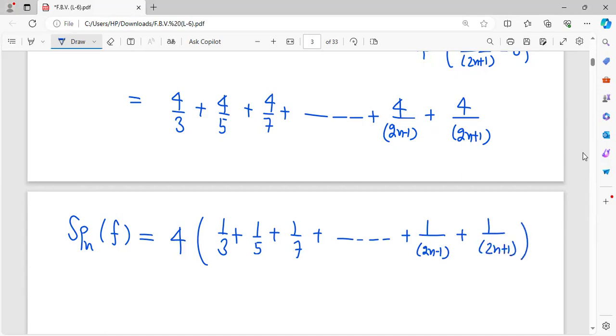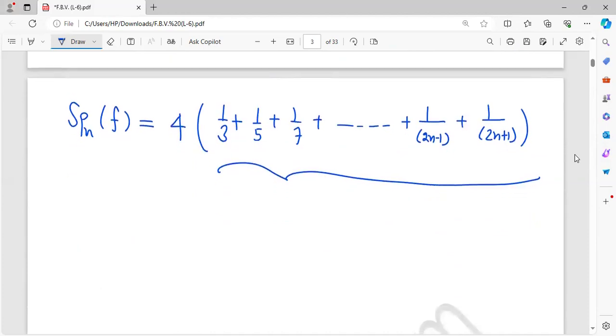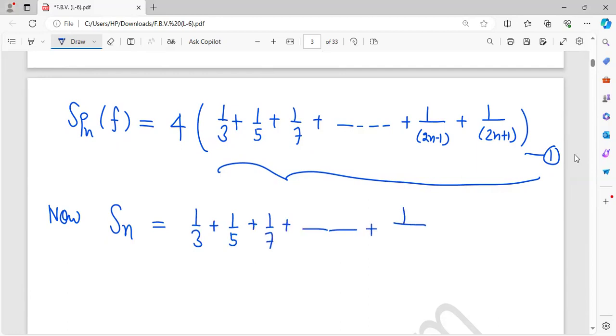Let's call this equation number 1. Now consider S_n = 1/3 + 1/5 + 1/7 + ... + 1/(2n-1) + 1/(2n+1).